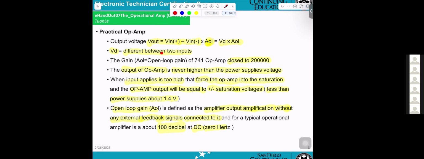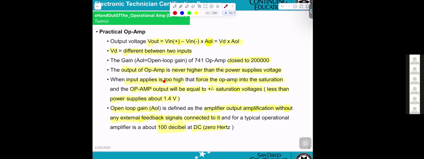VD is the difference between the two inputs, and the gain AOL, the open loop gain, of the 741 is close to 200,000. That means when you go to buy the 741 op amp without any connection, the gain is equal to 200,000. Okay.